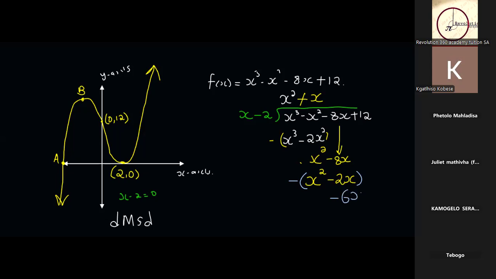And then you go again, minus 6x divided by x is minus 6. Write negative 6. And then you multiply negative 6 times x, that's negative 6x. And then negative times negative is positive, 6 times 2 is 12. I think we are working on the correct side so far. So this should actually give us 0.